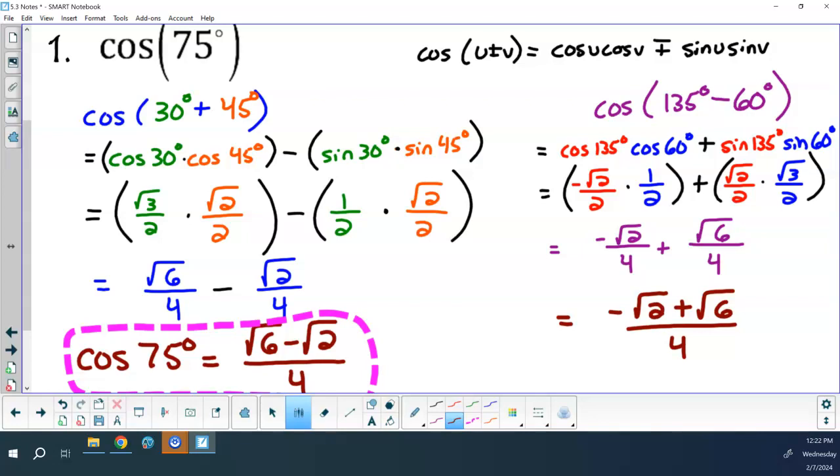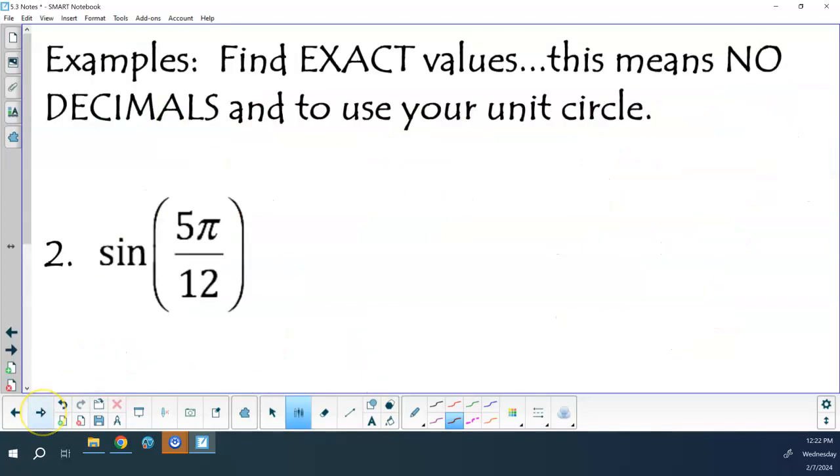In the last class, they did 225 minus 150. Still is 75. Okay? Could have done 315 minus 240. Okay? Could have done a lot of different ones, as long as your two angles that you're choosing are on the unit circle. Okay? Let's kick it up a notch.